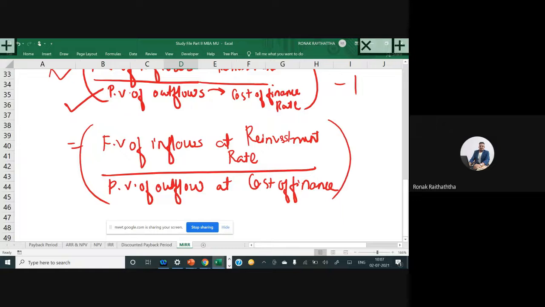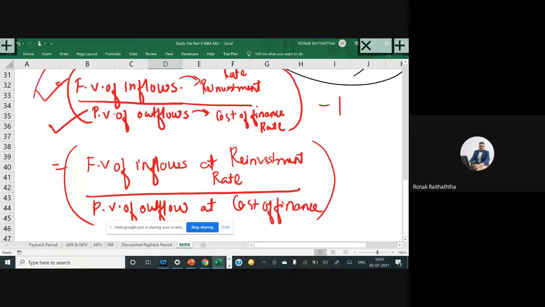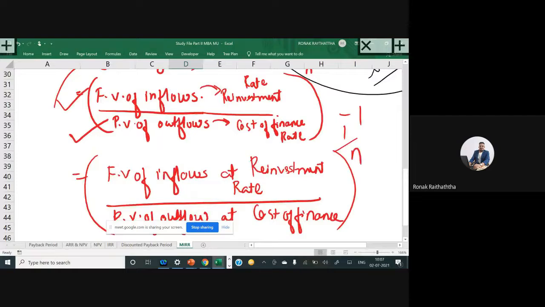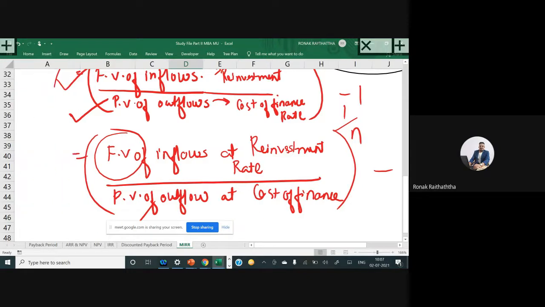I know that many people face problems in the interpretation and analytical aspect of MIRR, but none of my students should face it. Then 1 divided by n, and after that minus 1, just like the same formula of CAGR. You want the opening value, so opening value must be present value. You want the closing value, so closing value must be future value. But the rate of return for future value and present value will be taken different. This is the MIRR, modified internal rate of return.